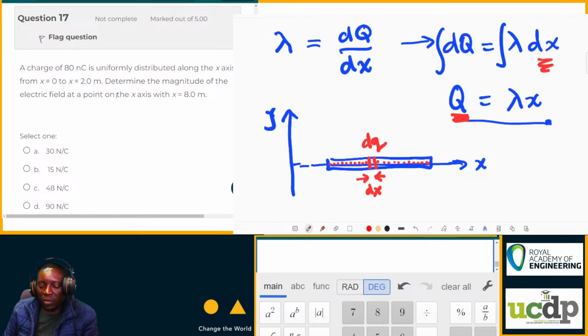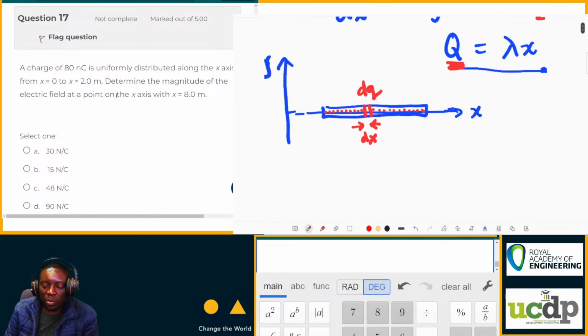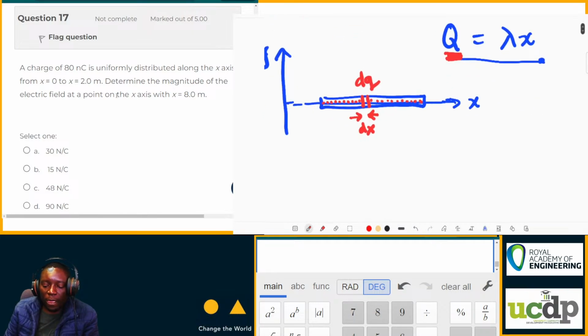Same applies to the field. So if we want the electric field at this point, remember, for the electric field due to such a distribution of charge, you had to assume you have a distance there, which is a, and the length of this whole rod being L. That would mean you simply describe your dE along the x, which is dEx.